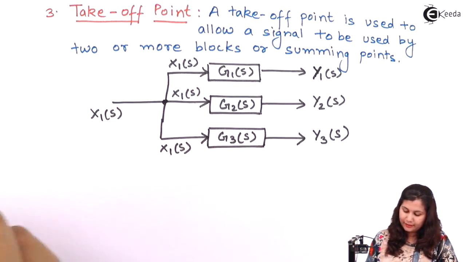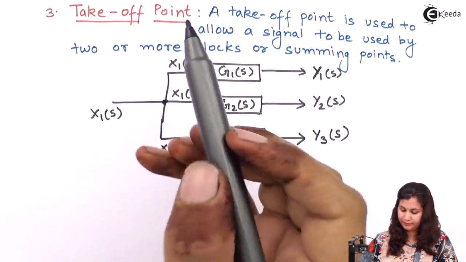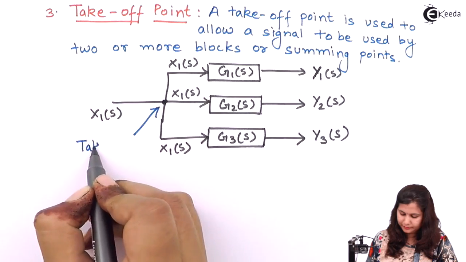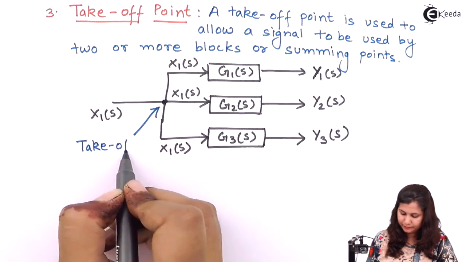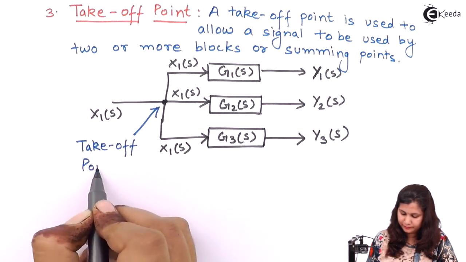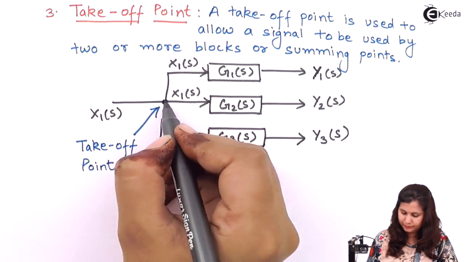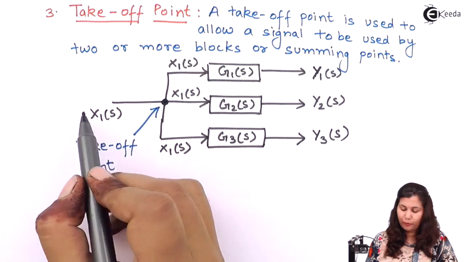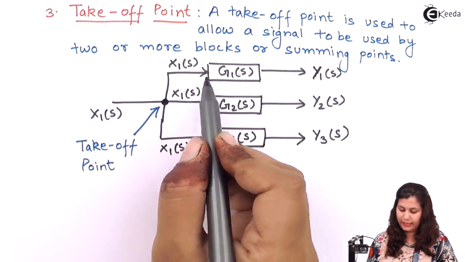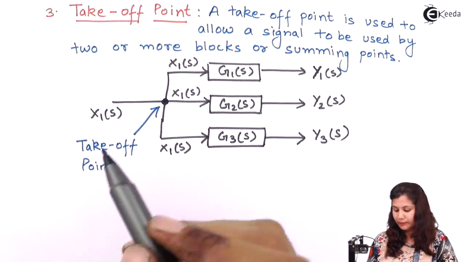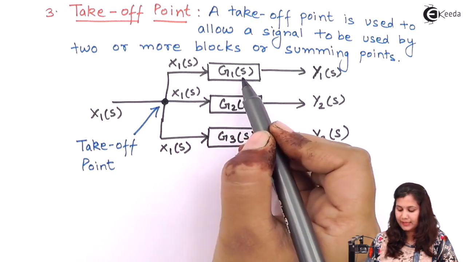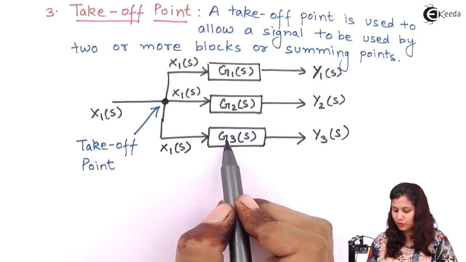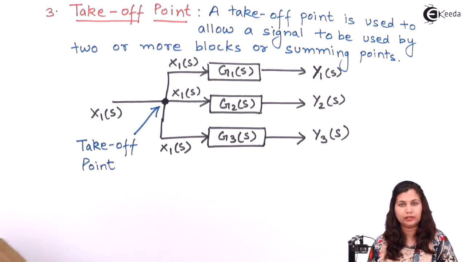So this is the takeoff point. Through this takeoff point, we can use the signal x1s in three blocks. This x1s is given to the first block, also to the second block, and it is also acting as an input to the third block.